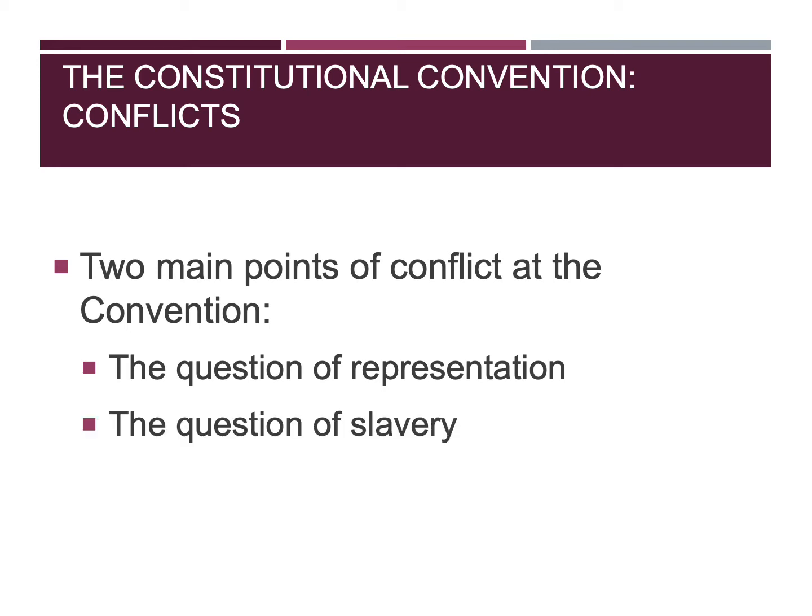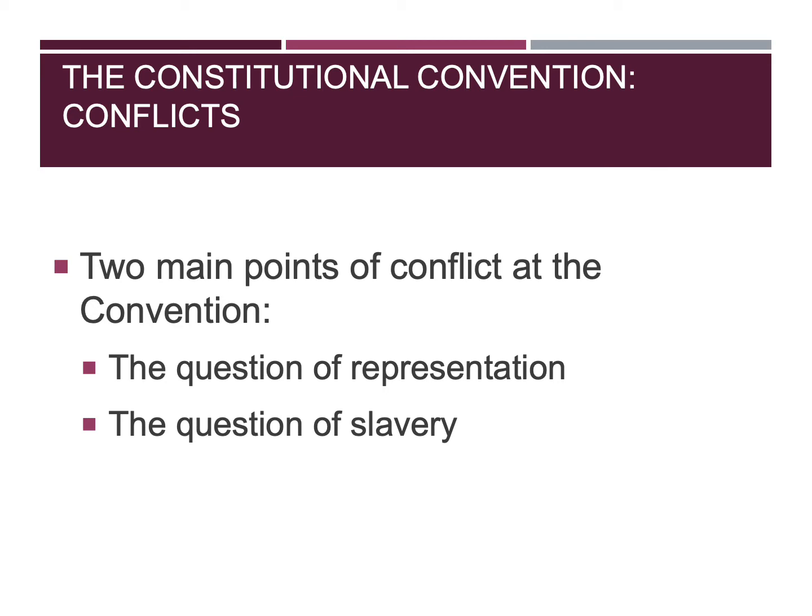The other point of conflict at the convention was the question over slavery. Slavery was legal in all states but Massachusetts at the time of the Constitutional Convention in 1787. So the question was what this new Constitution was going to say about slavery. Was it going to end slavery?